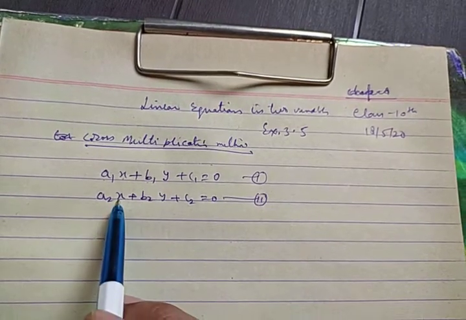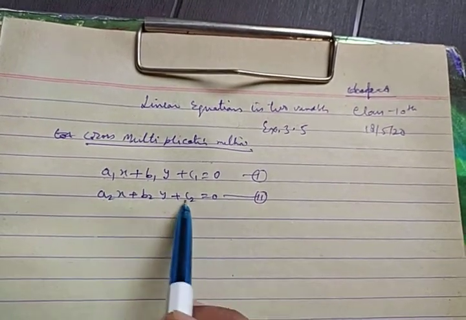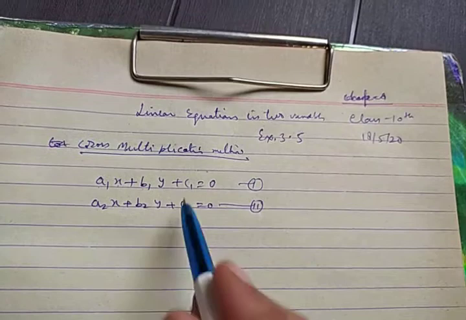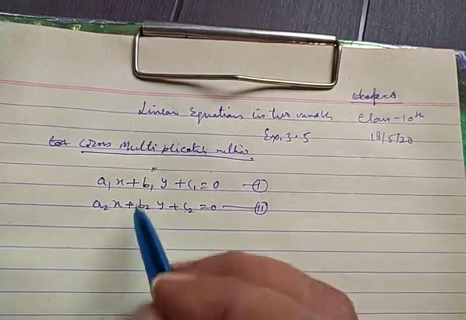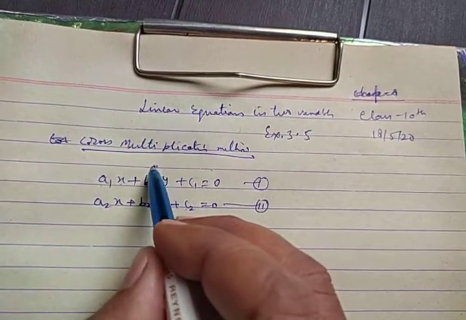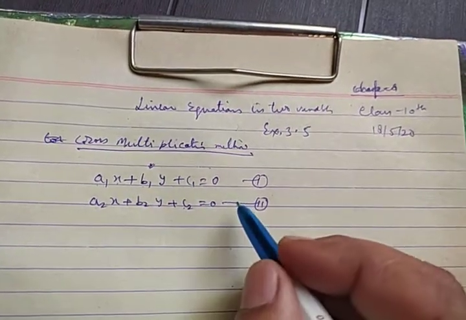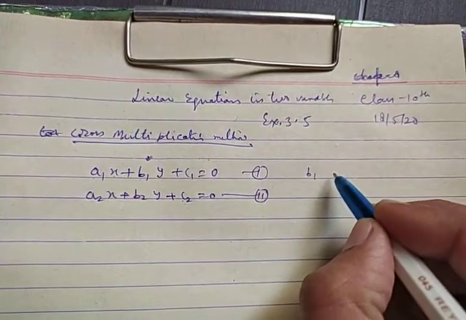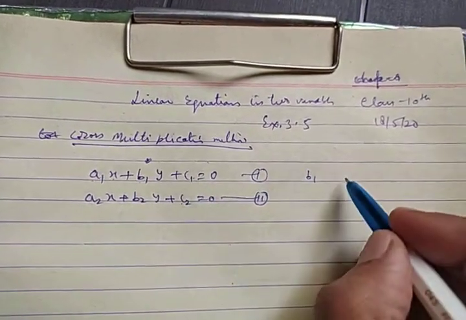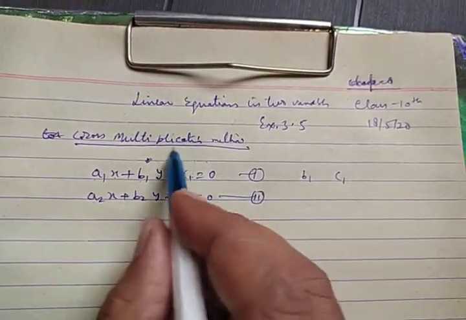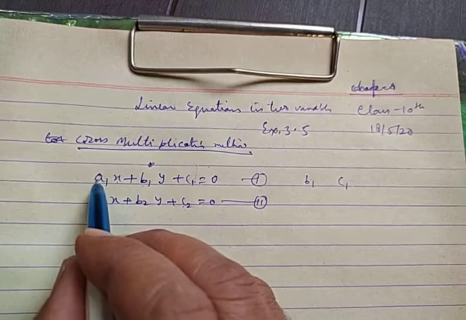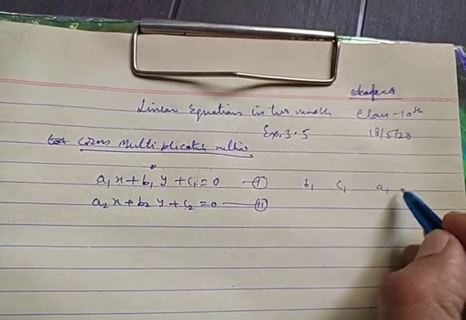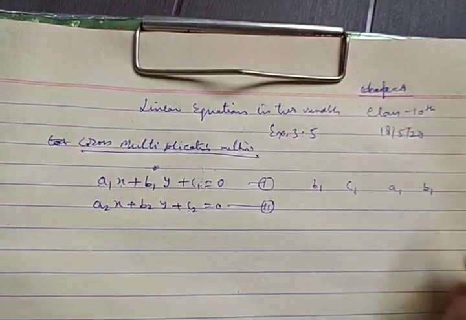In the same equation 2, a2, b2 and c2, and you will start writing from the middle term. Just I am marking, you can take the attention. You will write b1, then c1, again come to the starting point a1 in the beginning, then b1.